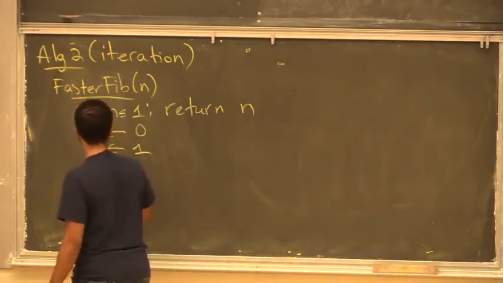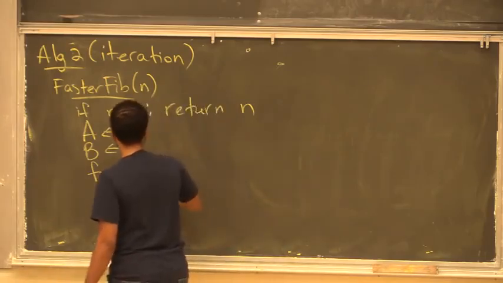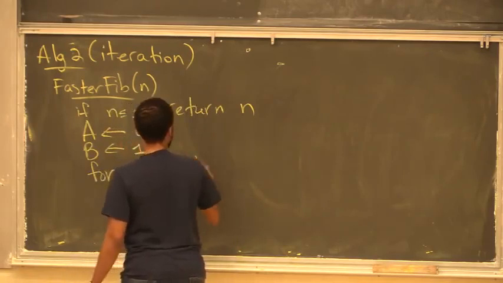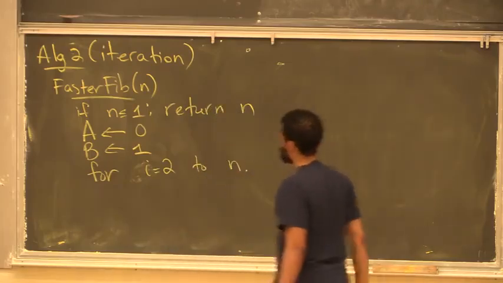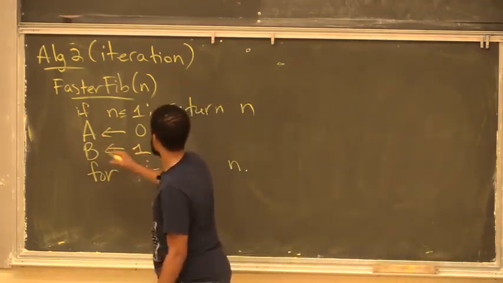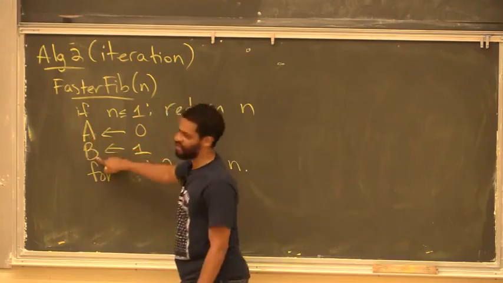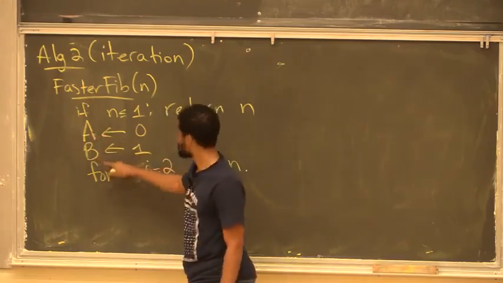And for let's say I equals 2 to n, what I want to do now is update. So I'm moving forward one. So the new A is what B was, and the new B is the sum of them.